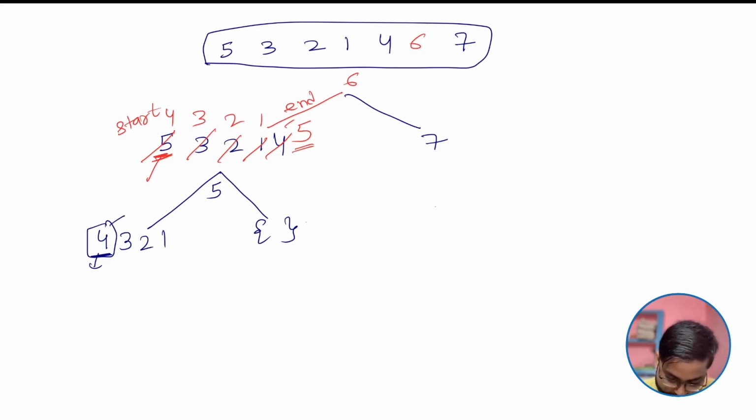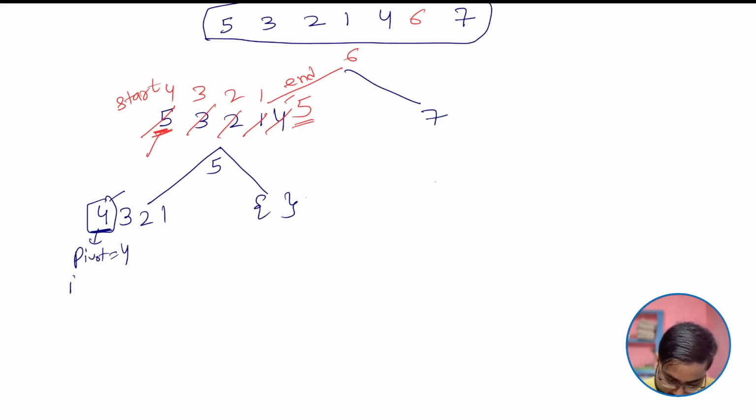So let's take it as the pivot element. So it will be pivot equals 4 and i equals array of index 0. Okay, so this is the start and this is the end. So I will store start and I will start j from this index. So j will contain 1.